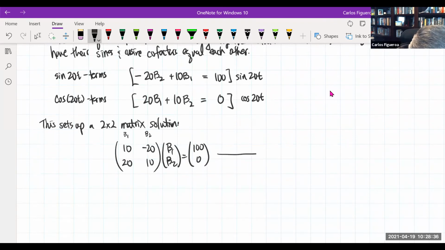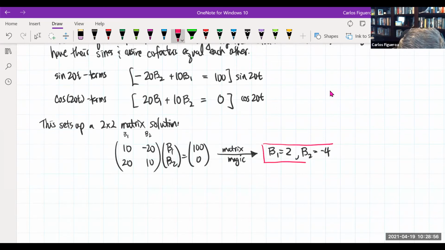So then, of course, the matrix magic. This gives me a B1 value of 2, and B2 is going to be minus 4.